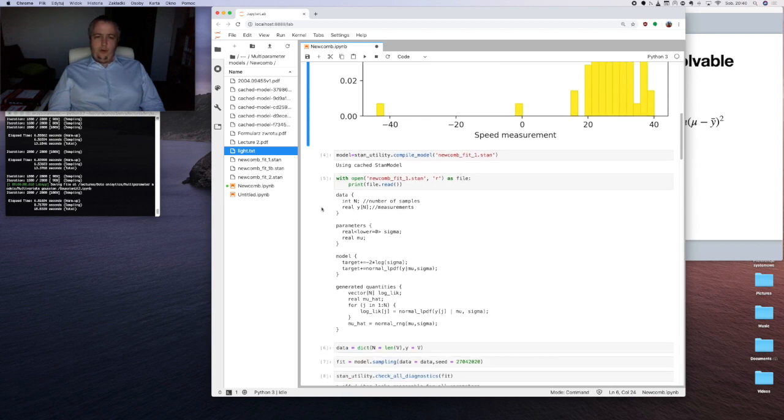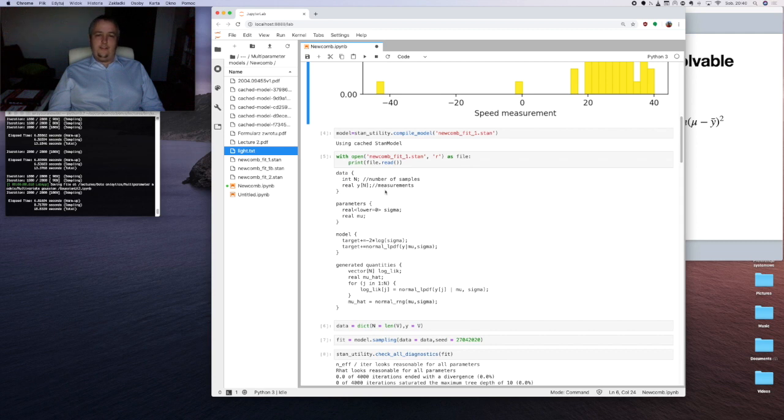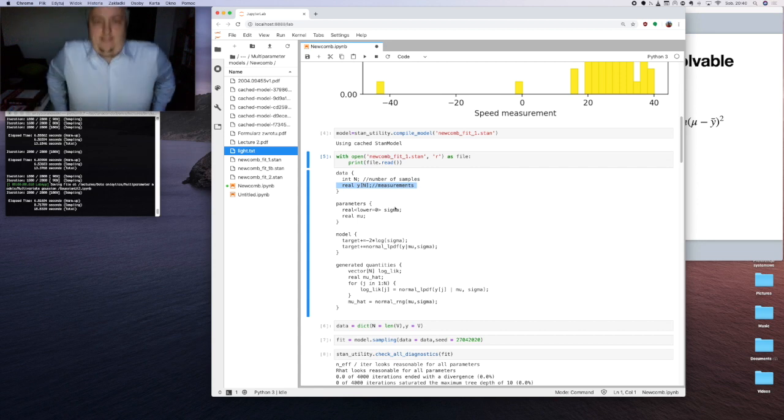I created a model which works like this. As the data we get the number of samples and our measurements. In this case, just to be brief, because we have a lot of theory, we won't be discussing prior checks. We will do it in our next example. For this case, we just start with a model.